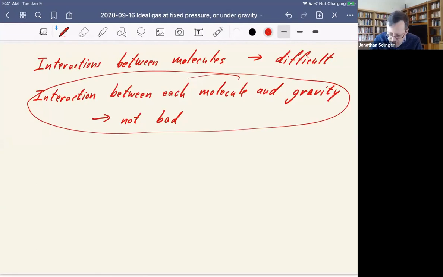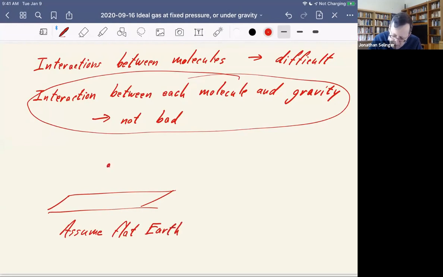Okay, so let's assume a flat Earth, and each molecule is at some height, Z1 for molecule 1, Z2 for molecule 2, etc., above the surface of the Earth.